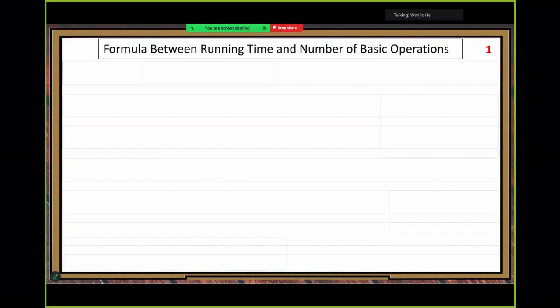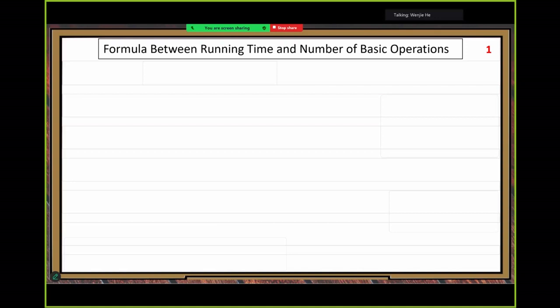Now, we want to compare our running time function and number of basic operation functions, because these two functions are related to the efficiency problem of algorithms. Now we want to study efficiency.